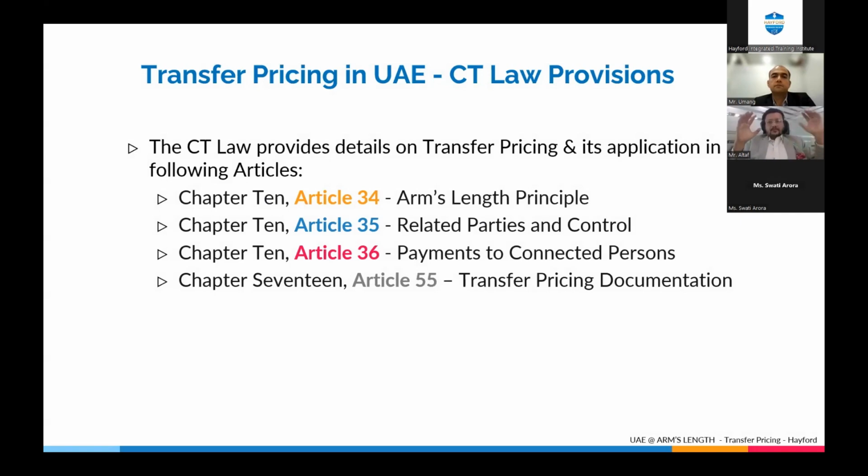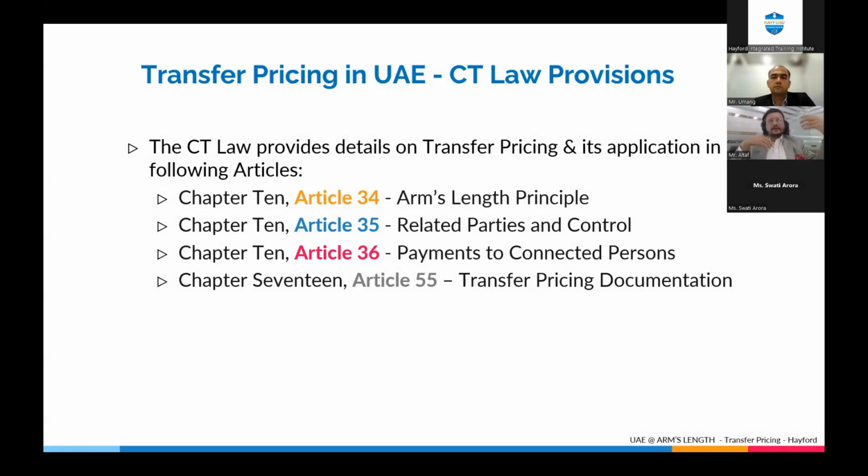Now, if we look at the corporate tax decree of the UAE, there are certain sections such as Article 34. That article, as the name suggests, explains that the arm's length principle must be complied with whenever there is a transaction between related parties.